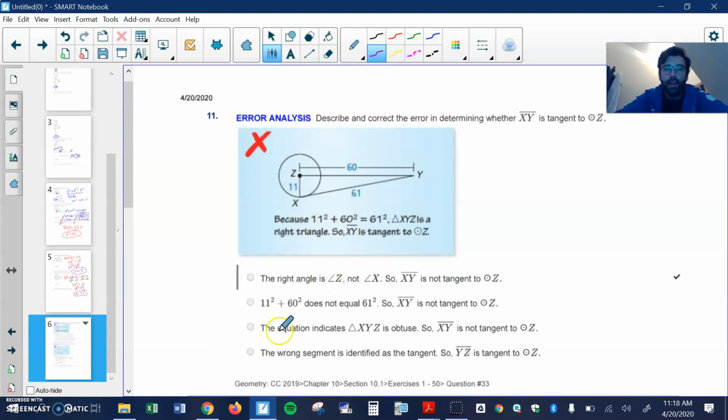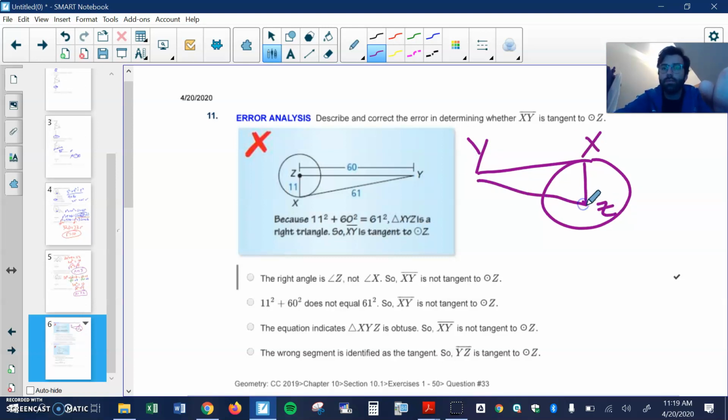All right, so I think X is the right angle, but in this problem, if you were to solve using the Pythagorean theorem, when we're checking our answers, right? So I have y, x, z. No matter how it looks, I know it doesn't look like that. This is 60, this is 61, and this is 11.